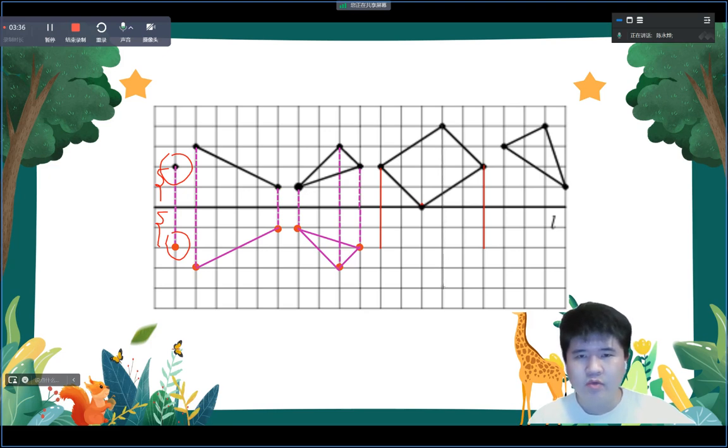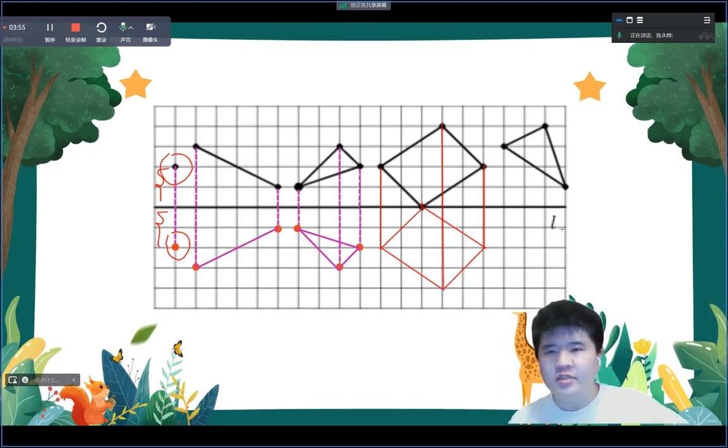We make sure the upper part and lower part have the same distance, and then we connect them. We can get this shape, this symmetric parallelogram.